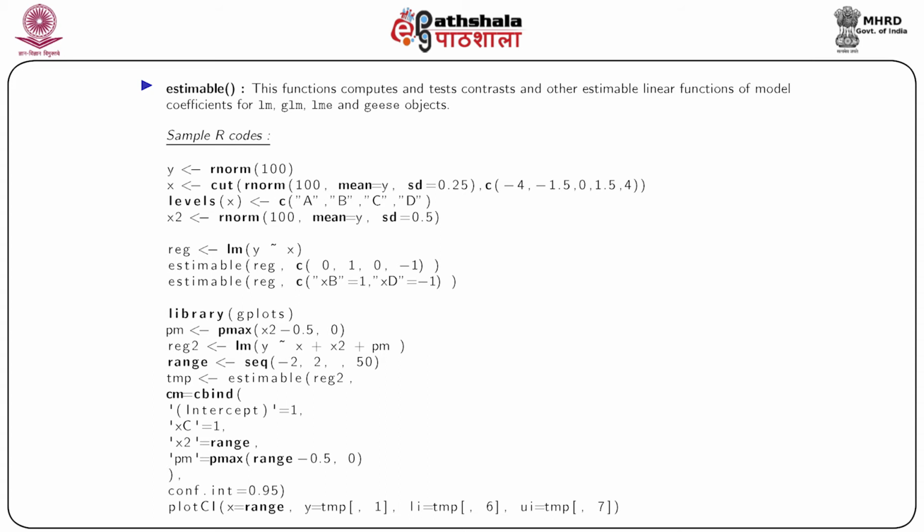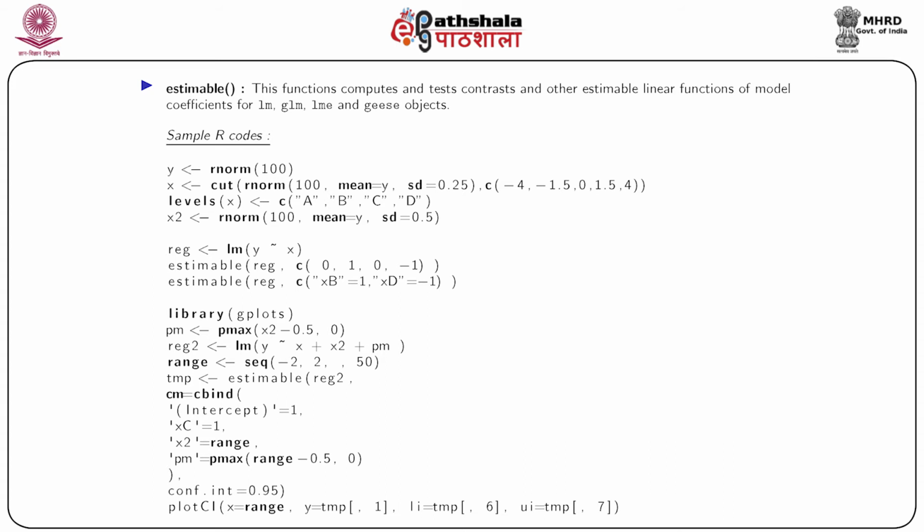So the four levels that we define of X are A, B, C and D. X2 is defined as another normally generated random variable of size 100 with mean Y and standard deviation 0.5. Now let us regress Y on X.